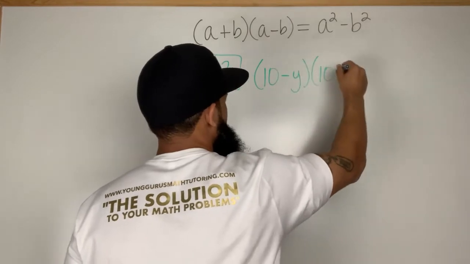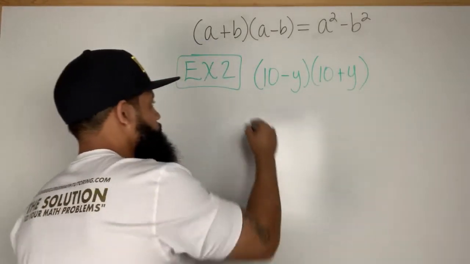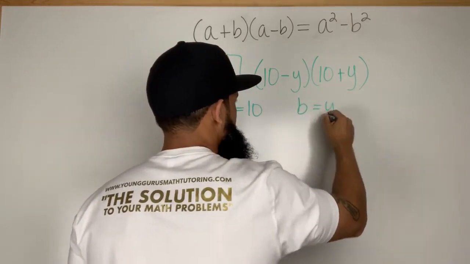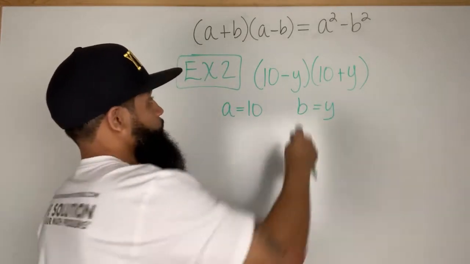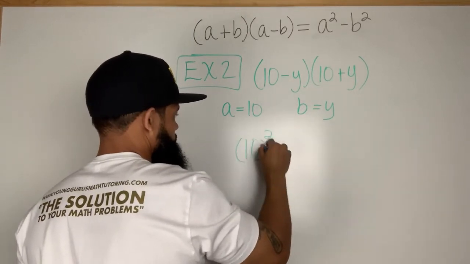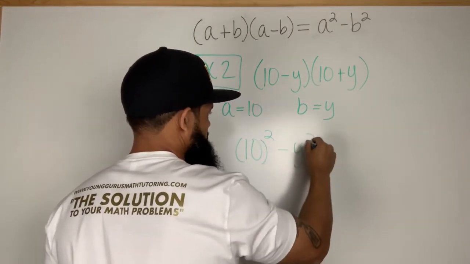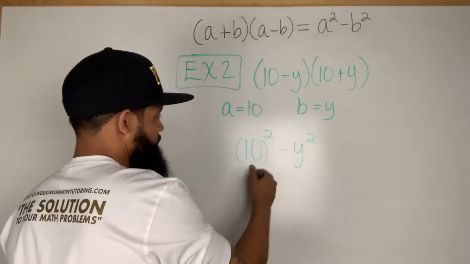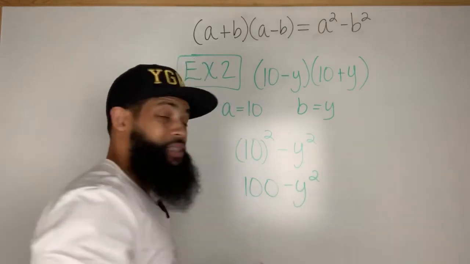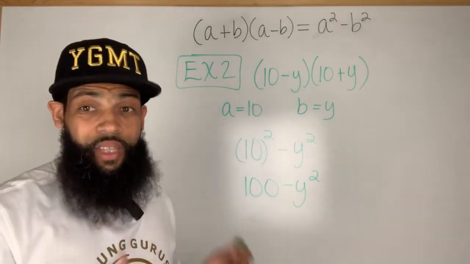Let's do 10 minus y times 10 plus y. Well, a is 10 and b is y. a squared minus b squared. So 10 squared minus y squared. 10 squared is 100 minus y squared. Yes, it is that simple.